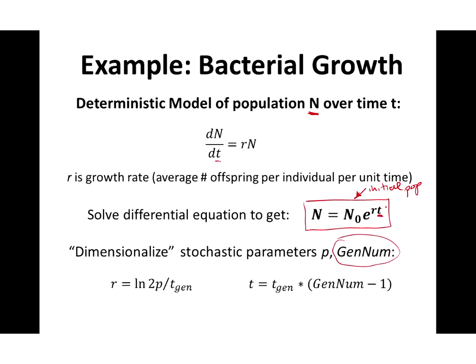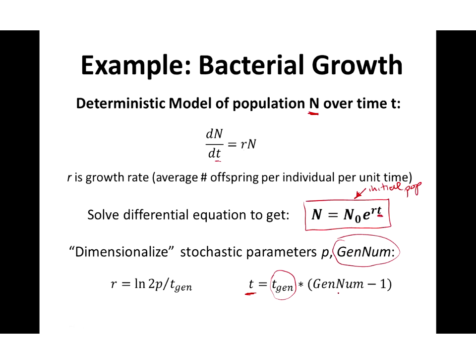If we assume that the bacteria have some regular division time where every so often they're all going to divide at once or die, and then we know what the generation number is, we can then figure out what time is. And so down below here, we can write some equation that says, well, if we know what the generation time is for each cycle of cell division, then we can simply multiply that by gen num minus 1, and it will give us the time that appears in our deterministic model.